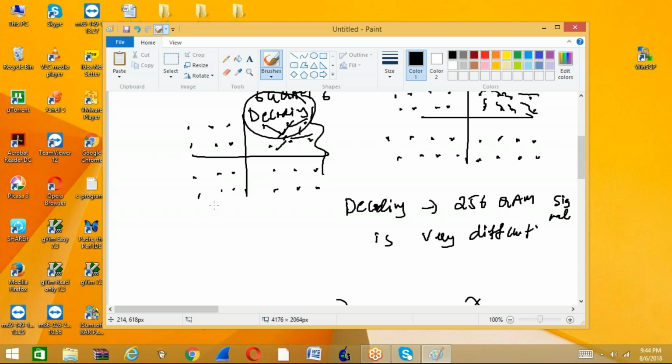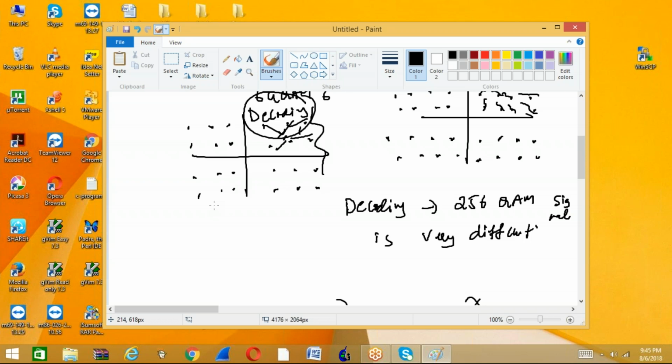Now I am trying to drive the Ferrari in some small streets, like in Amirpet streets or Charminar streets, at 250 kilometers per hour. What will happen to that car? Will the car be able to go?